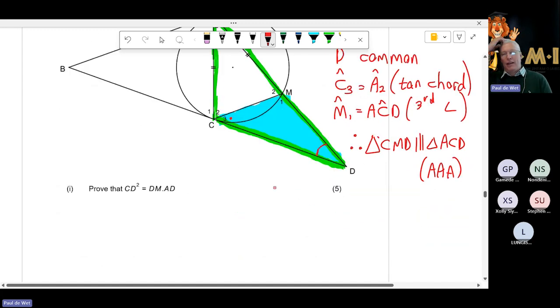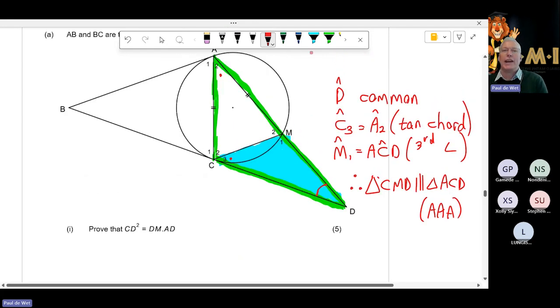Now, if they're similar and you've proved them similar, keep the microphone. Can you pull out a ratio for us here? CM over AC, okay, guys, look at this. CM over AC is equal to MD over CD, which is equal to CD over AD.